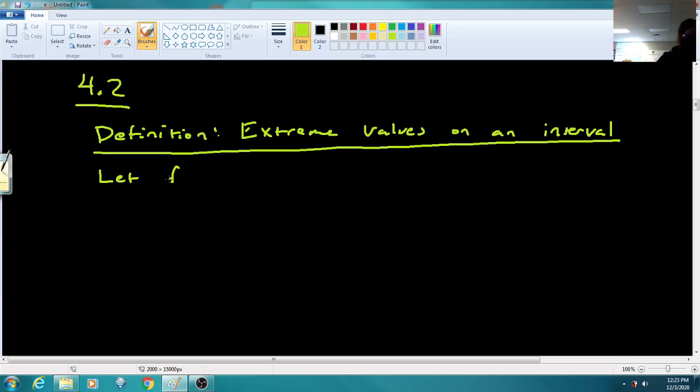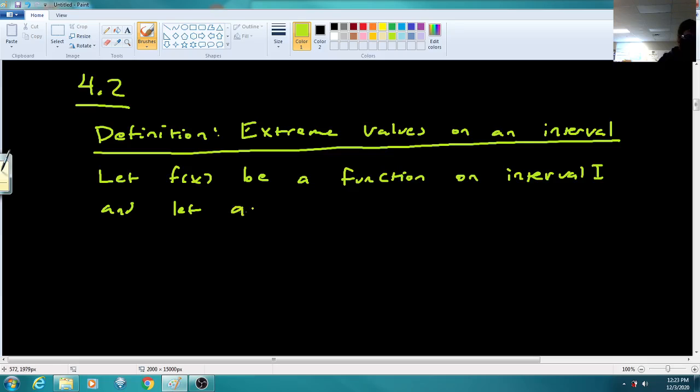We need to let f of x be a function on interval I. So f of x is a function on interval I, and we're going to let a be an element of I. And then we say f of a is the, so extreme values, this is going to refer to absolute maximum and absolute minimums on an interval.